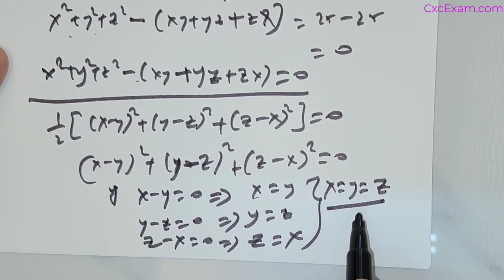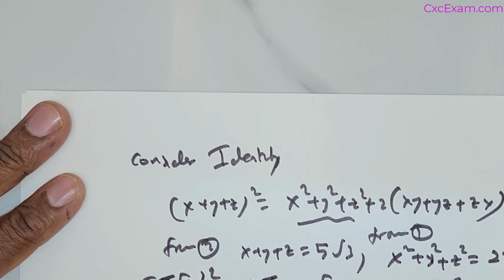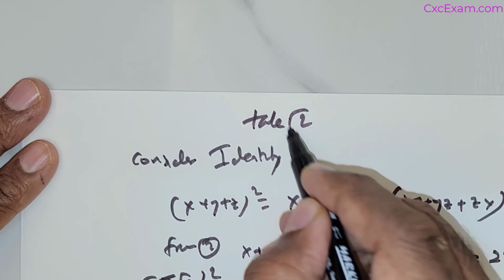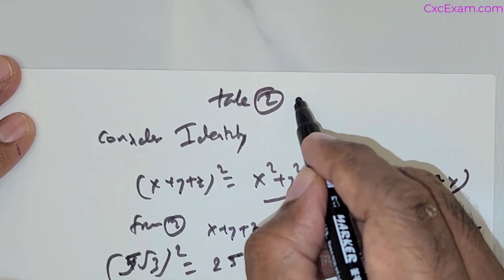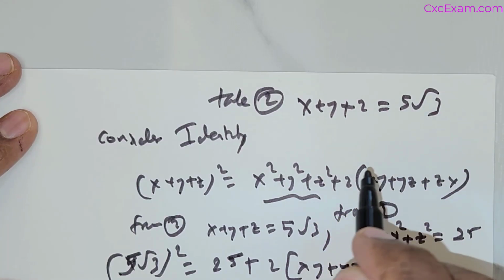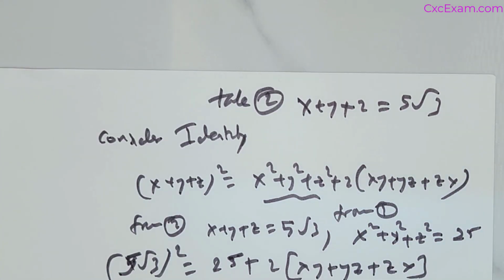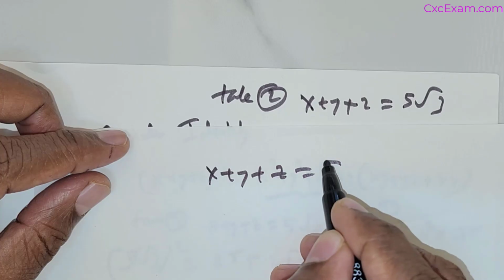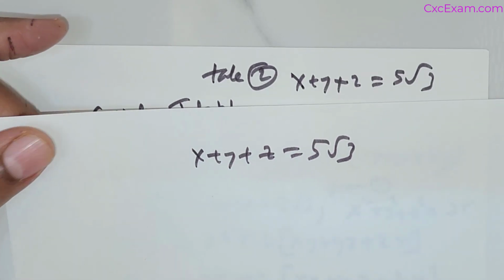So if x is equal to y and y is equal to z, let me consider 2. Take 2. So what is the system we got? x + y + z is equal to 5 times root of 3.